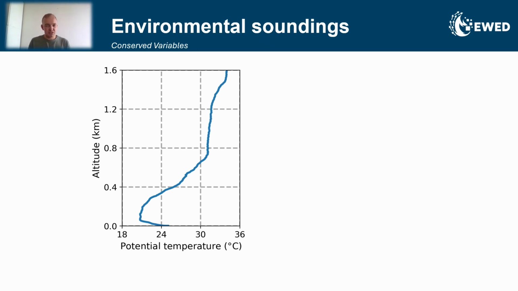And when we start to look at soundings, we typically first of all look at the potential temperature profile, as it tells us something about the vertical structure of the atmosphere. And if we look here at this potential temperature profile, we can at the bottom first of all see a surface layer in the lower 150 to 100 meters, right?